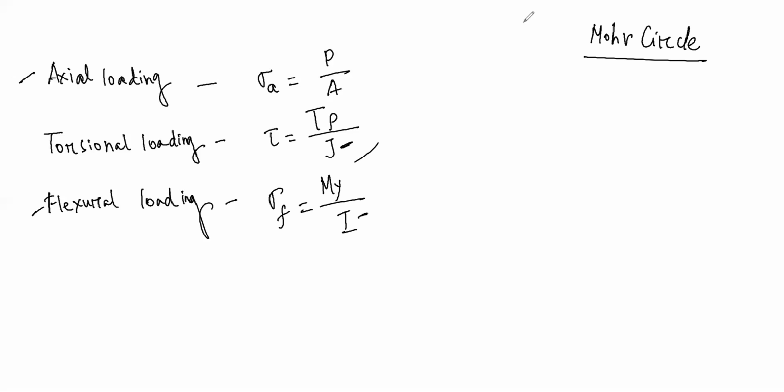If you open the book at chapter 9, you can see how these stresses work. In case of flexural stress, if this is the body, this is the support, and this is the neutral axis.